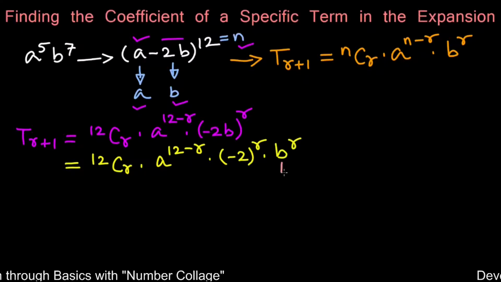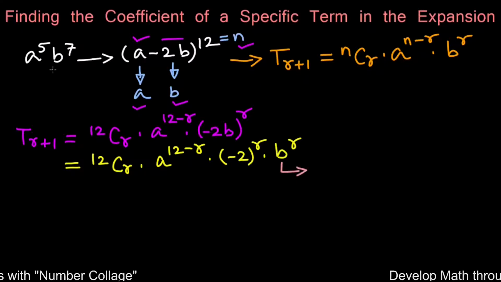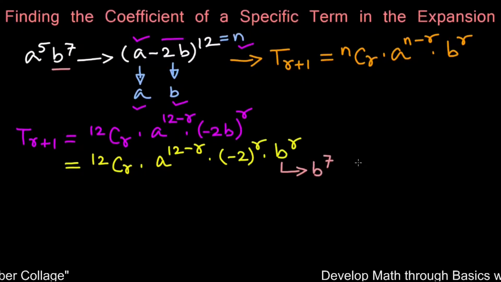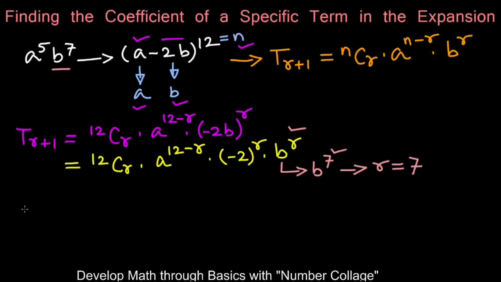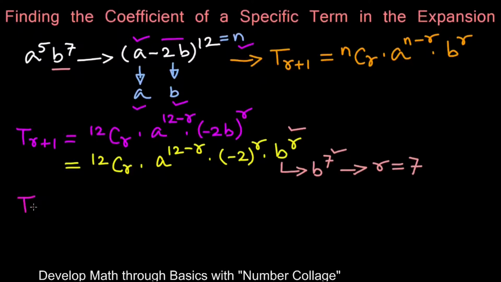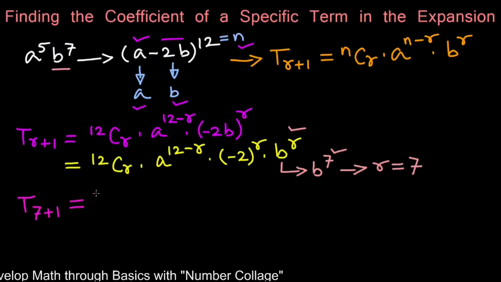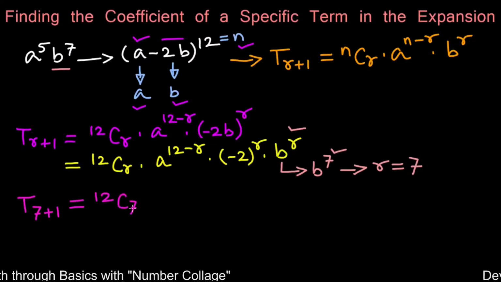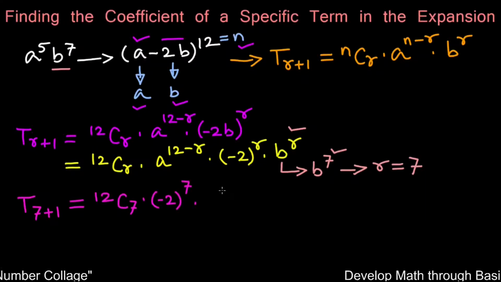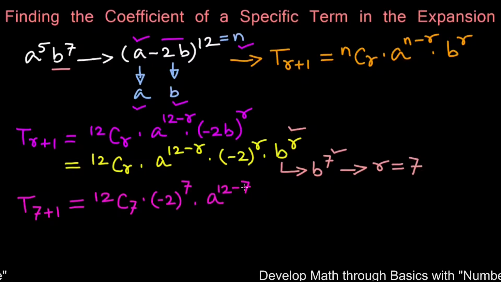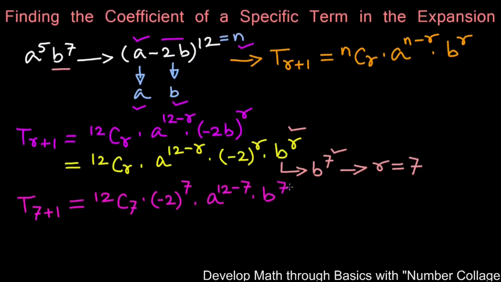Here b raised to r equals b raised to 7. Comparing the indices, we get r equals 7, so the general term becomes T(7+1) equals 12C7 into (minus 2) raised to 7 into a raised to 12 minus 7 into b raised to 7.